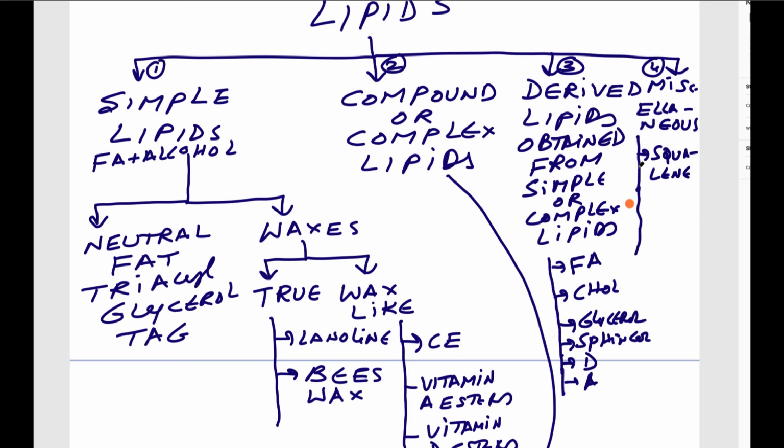Also, as I said, in some books vitamins A, D, E, and K are added here. There are many classifications, so you can show vitamins A, D, E, K here also.